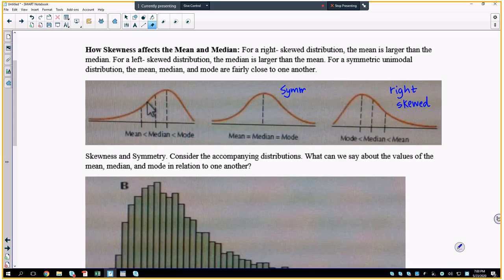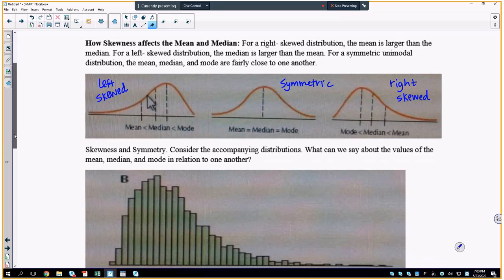For a symmetric unimodal distribution, the mean, median, and mode are fairly close to one another, as shown in the picture. And this one is the left skewed distribution. For a left skewed distribution, we're going to have the median larger than the mean, and the mode larger than the median.